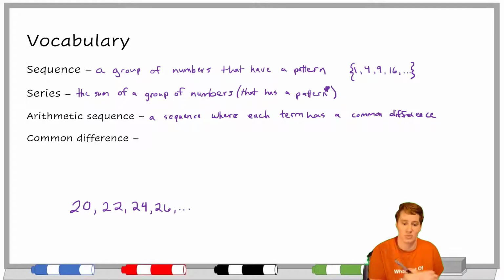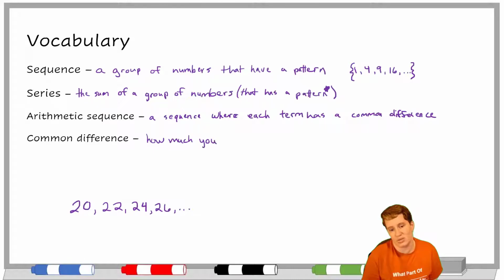This would be an example: 20, 22, 24, 26, where we're adding 2 each time, so it's an arithmetic sequence. So this common difference is how much you add to each term to get the next term.